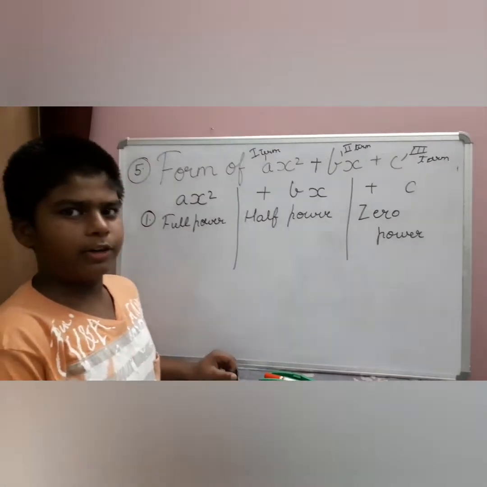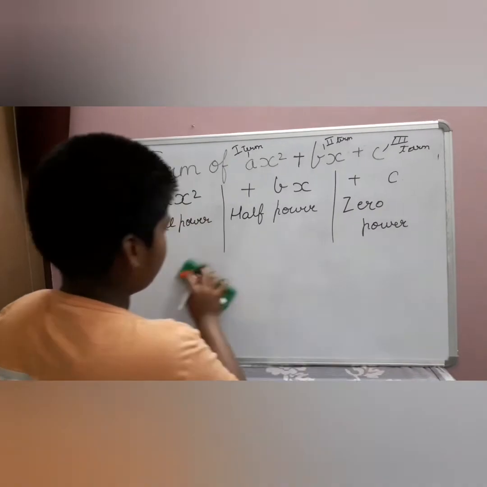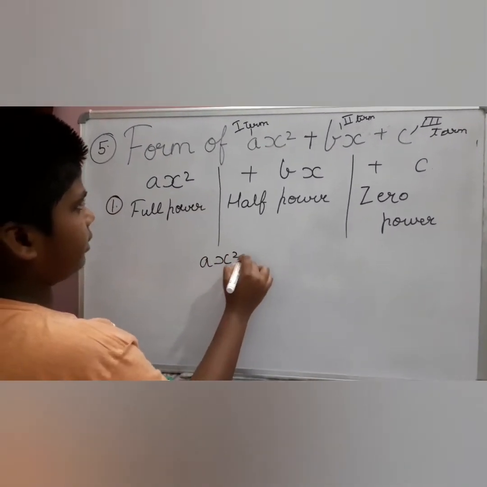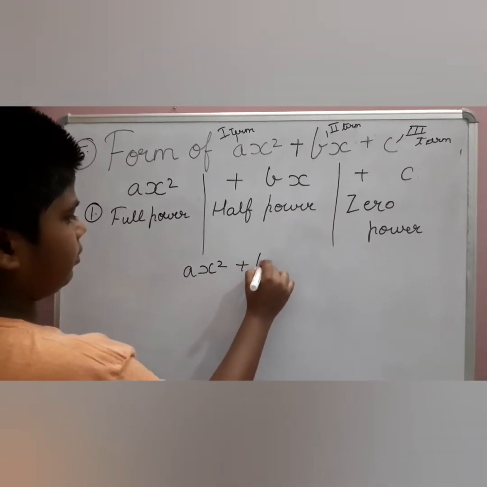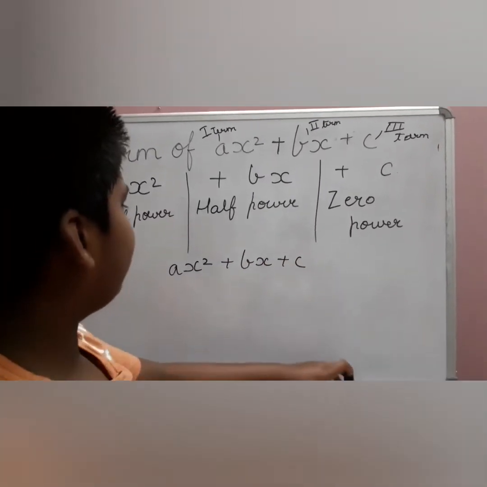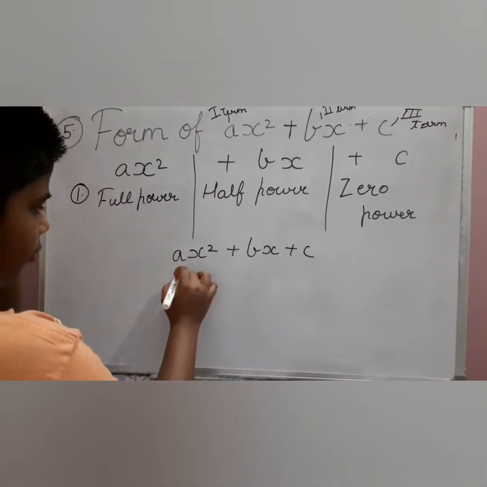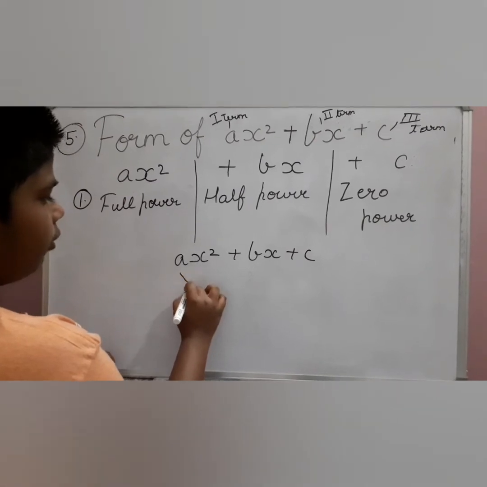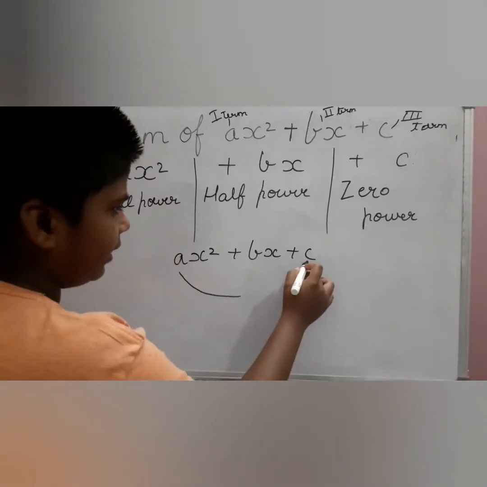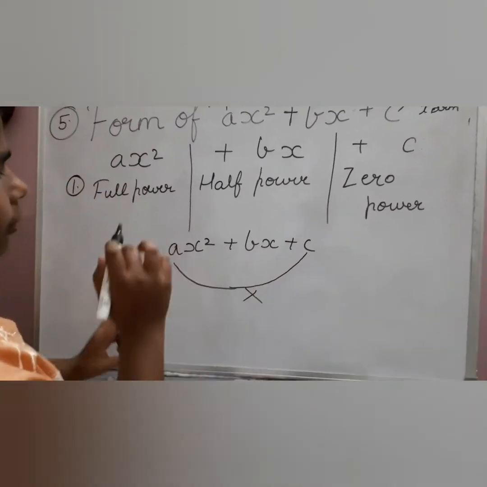Now the second important thing is the way of solving it. So I am writing the question once again. Now in these types of question, what you have to do, you have to multiply the coefficient of the variable of the first term and the third term. You have to multiply both of them.